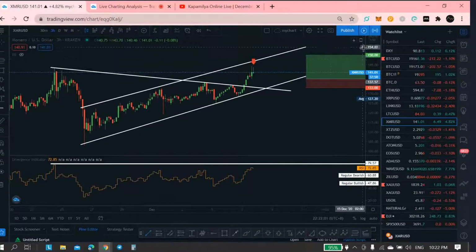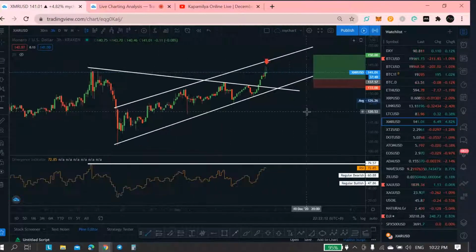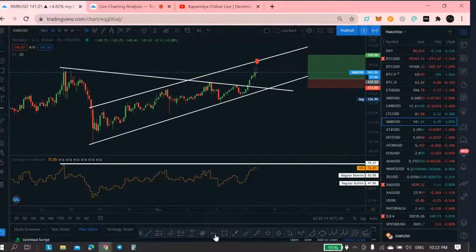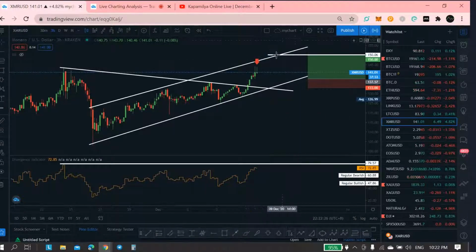My TP here is of course the 150 area. So that's the 3 hours time frame, and my target area is the 150 area.